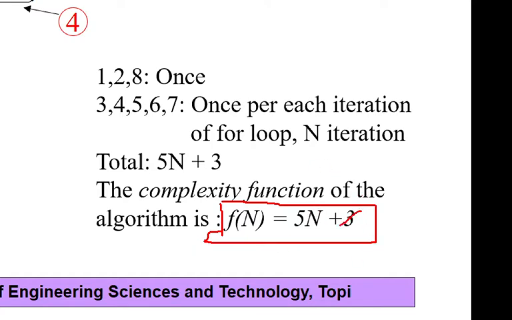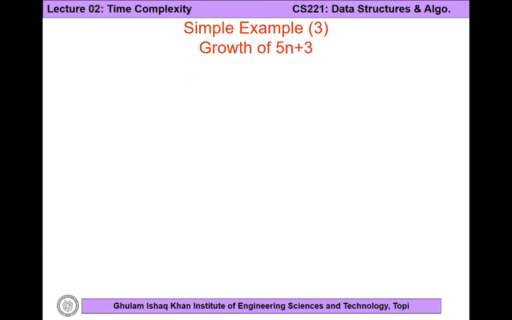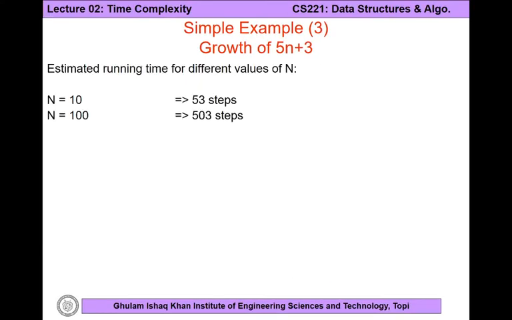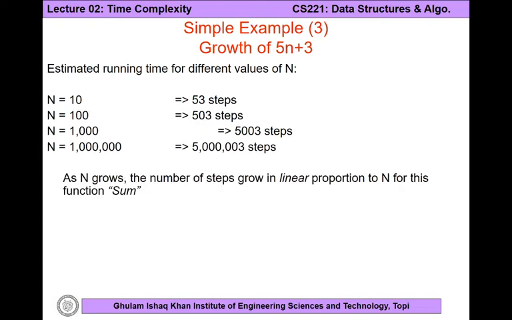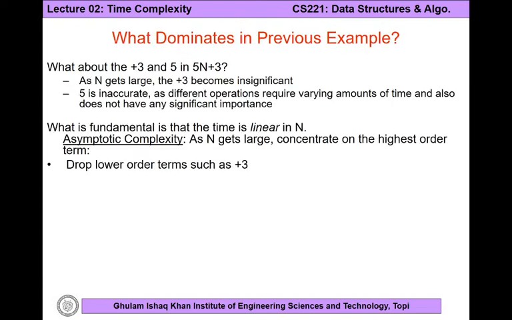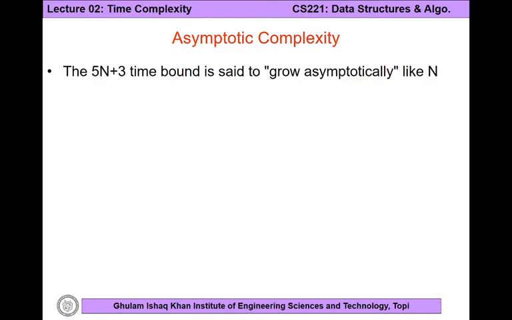After dropping the insignificant and inaccurate terms, we are left with this. So this is usually referred to as asymptotic complexity, but actually it is sort of the same, but the theoretical concept must be followed. So I'm going to explain that.